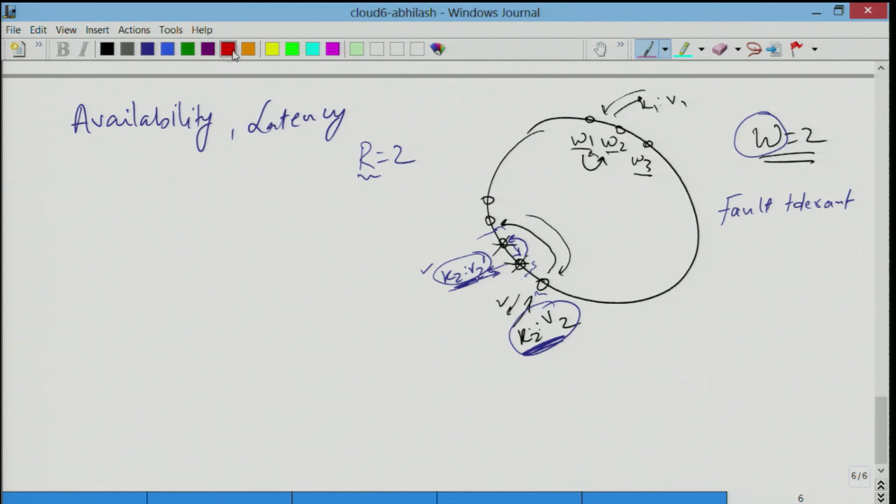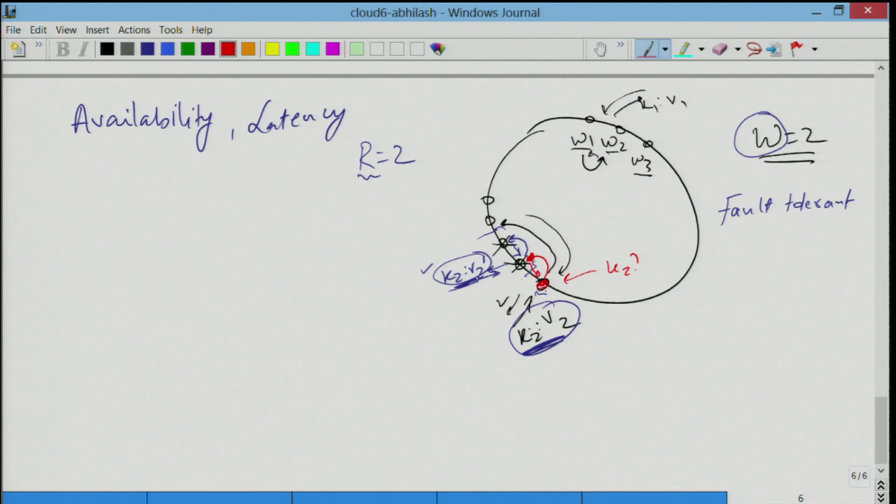So now a client goes and says what is the value of K2, right? This will coordinate this read, and now this time let us say it is able to talk to this particular replica, and now there are two values, V2 and V2 prime, right?